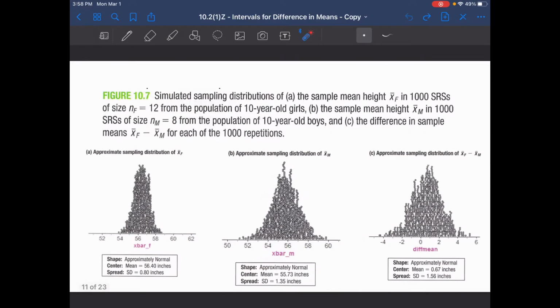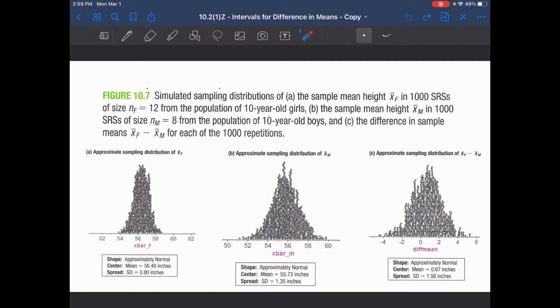So first we need to describe the actual shape itself. If we're given the shape, where A is representative of the sample mean of the girls' heights and B is representative of the sample mean of the boys' heights, you'll notice that both are very normally distributed.